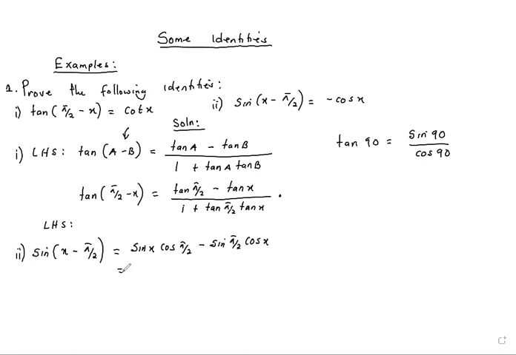But we know cos pi over 2 is 0. So we are dealing with sine x multiplied by 0 minus this one here is 1 multiplied by cosine x. That means that we get negative cos x, which is our right-hand side.